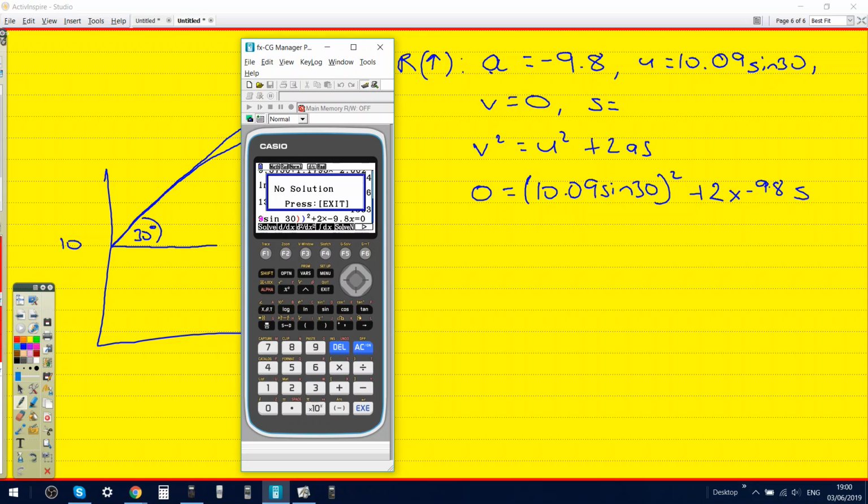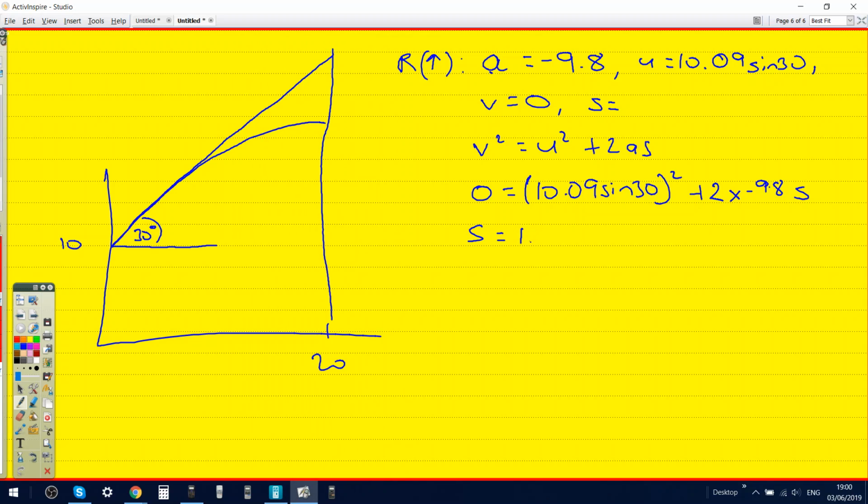I get 1.299 meters. And then you add it together, so it's 11.299. So that's it at its maximum.